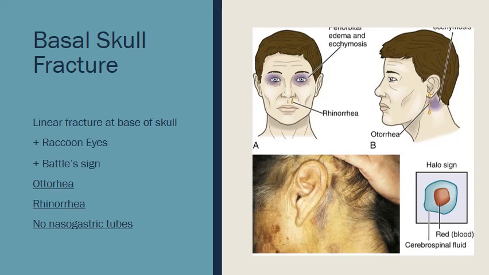The problem is if there is blood present, that also contains glucose, so that's not very reliable. Treatment of basal skull fracture is usually just time to heal the fracture.